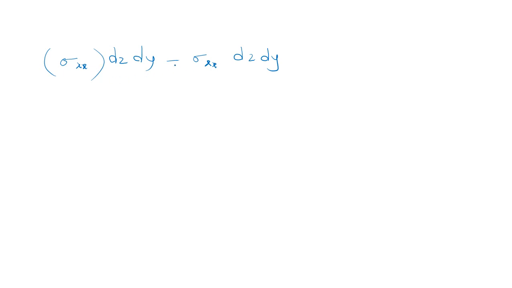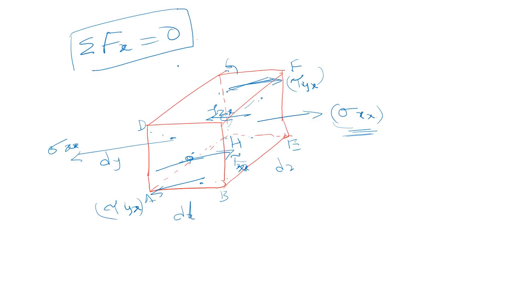Here we consider the cube. Because of its change of length dx, the stress is also acting as sigma xx plus d sigma xx. Like that, each plane is the same. Because of its change of dimensions, the stress also changes. Here I am discussing only one plane.